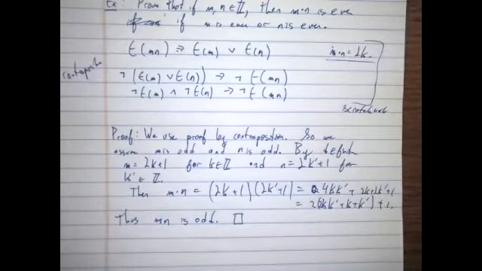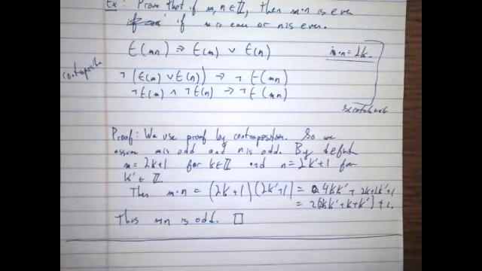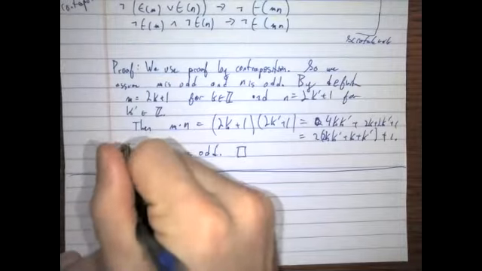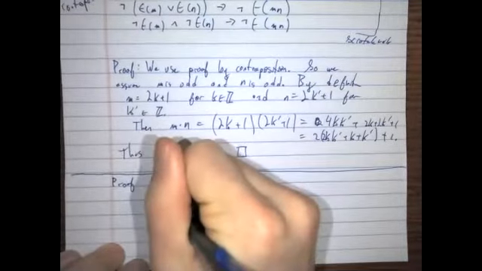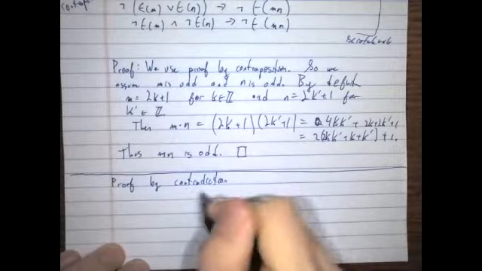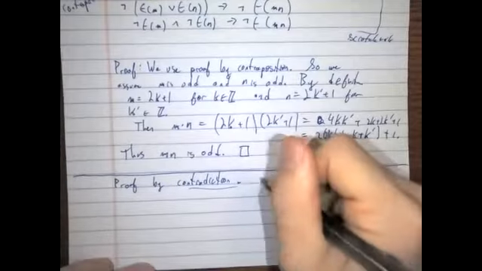Okay, great. Now we're going to come to a much more interesting proof method. So here's proof by contradiction. The setup is the following.